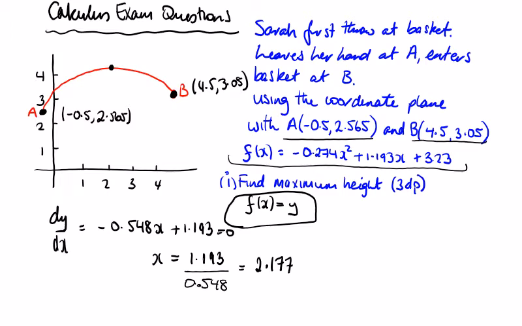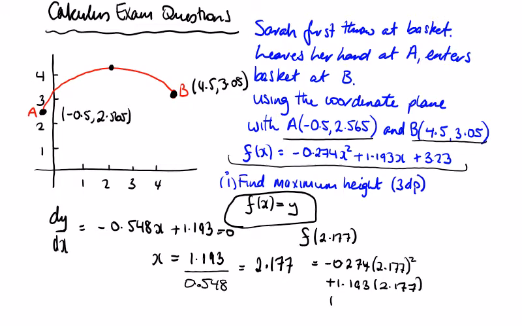So we're looking to find our y coordinate. So f of 2.177, using the calculator here, is equal to minus 0.274 times 2.177 squared, plus 1.193 times 2.177.